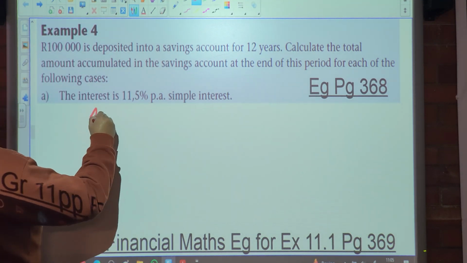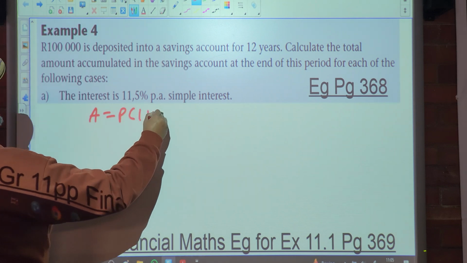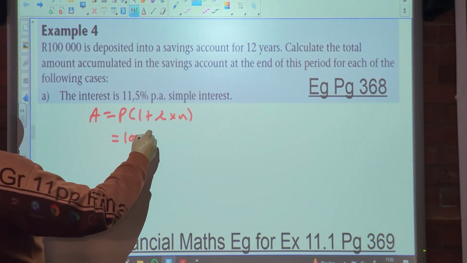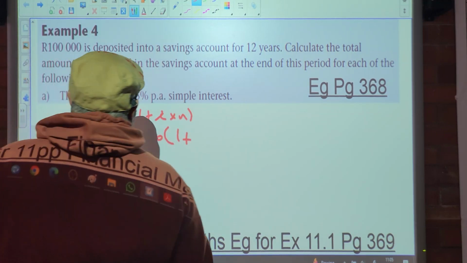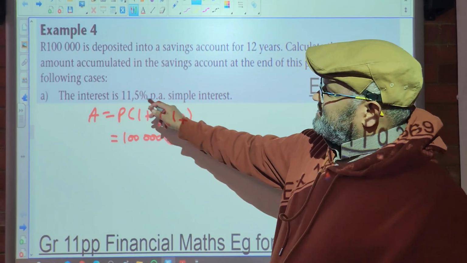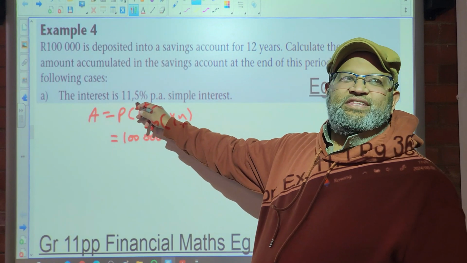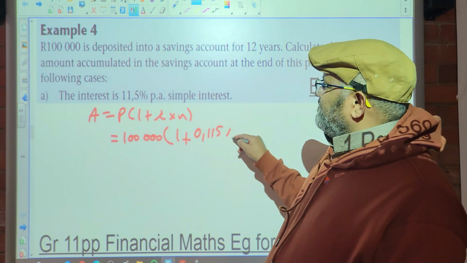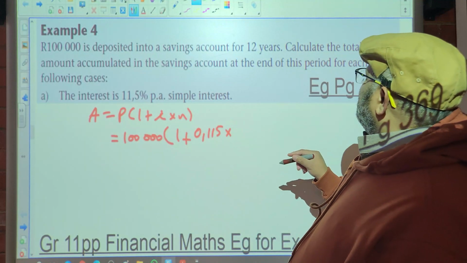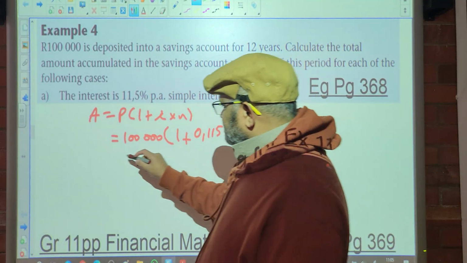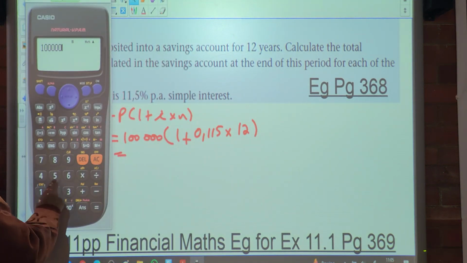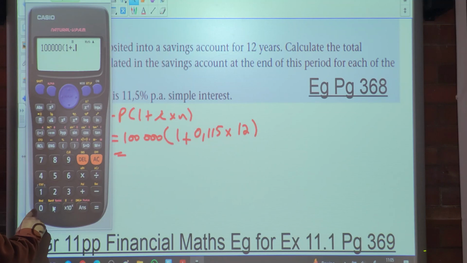So we use the simple interest formula: A is equal to P into (1 plus i times n). So your P value is 100,000 into (1 plus i), which is 11.5 over 100, which is the same as 0.115, multiplied by the number of years, which is 12. It's going to be 100,000 into (1 plus 0.115 times 12).